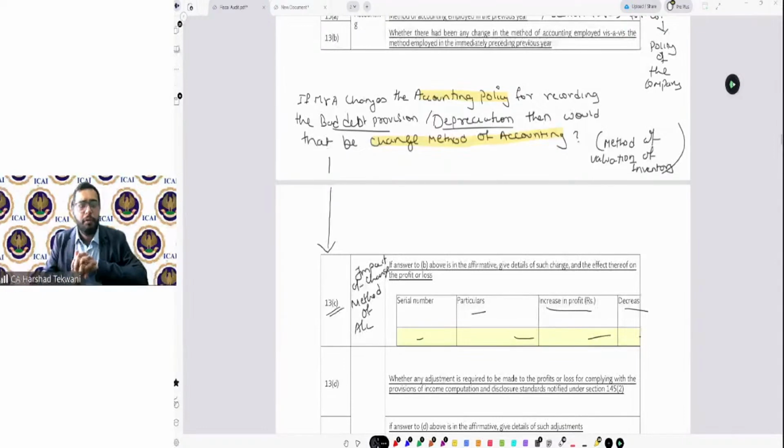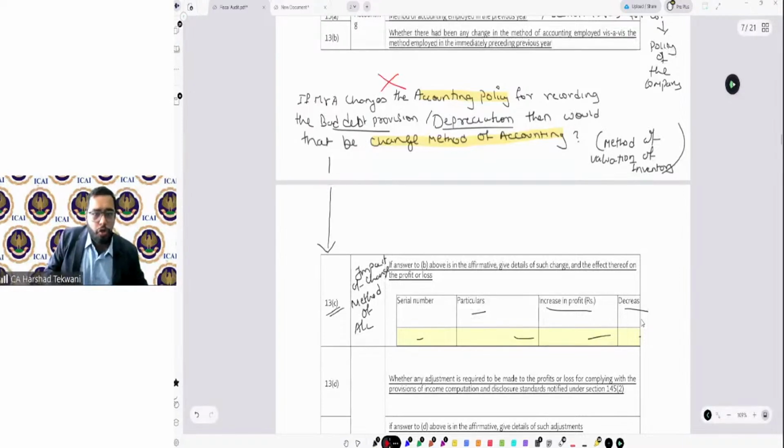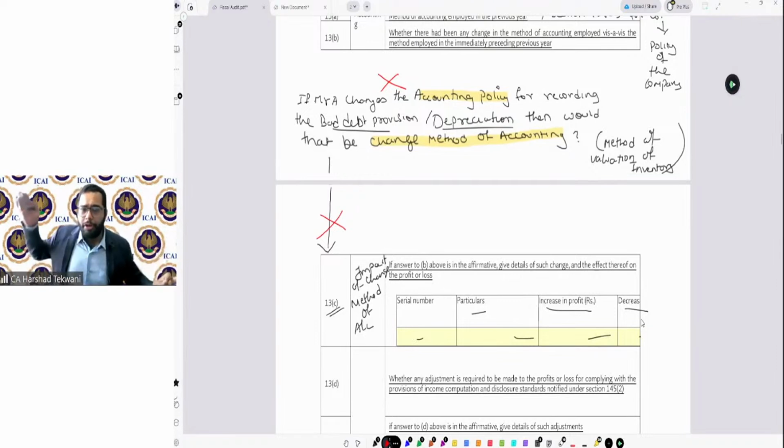Confusing? Bit difficult or not? I'll tell you. I am not required to report any change in accounting policy here. No. The reason is that a change in accounting policy is not a change in method of accounting. Both are different.